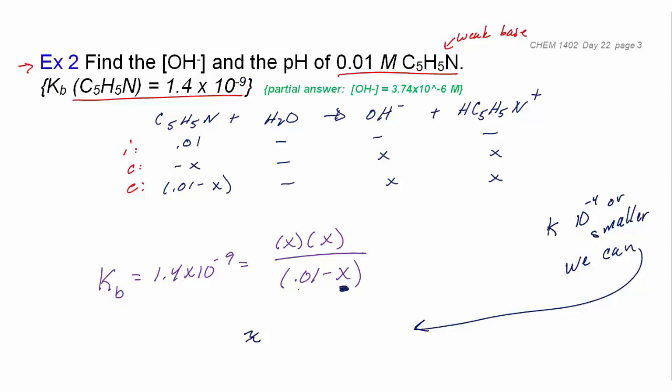It's going to be so small that when you subtract it from 0.01, you essentially get 0.01 again. So on the bottom, we're going to have 0.01, because 0.01 minus x is essentially 0.01. We have x squared up on top. This whole thing equals 1.4 times 10 to the negative 9. Solve for x squared, bring the 0.01 to the top, take the square root, and we'll get our answer.